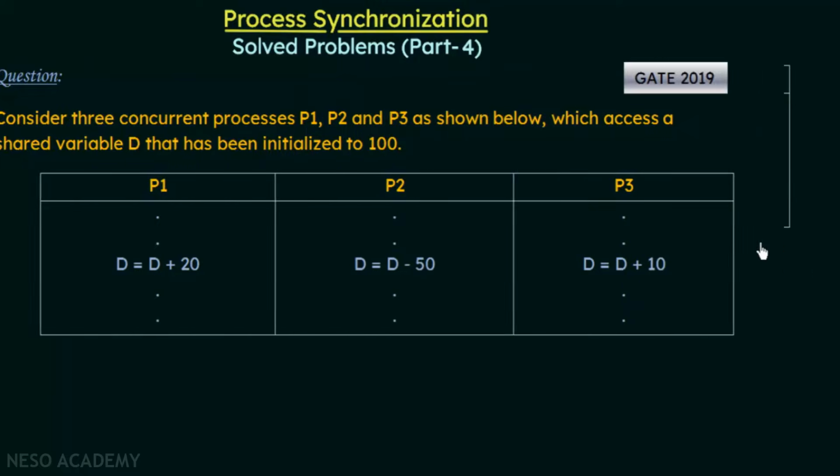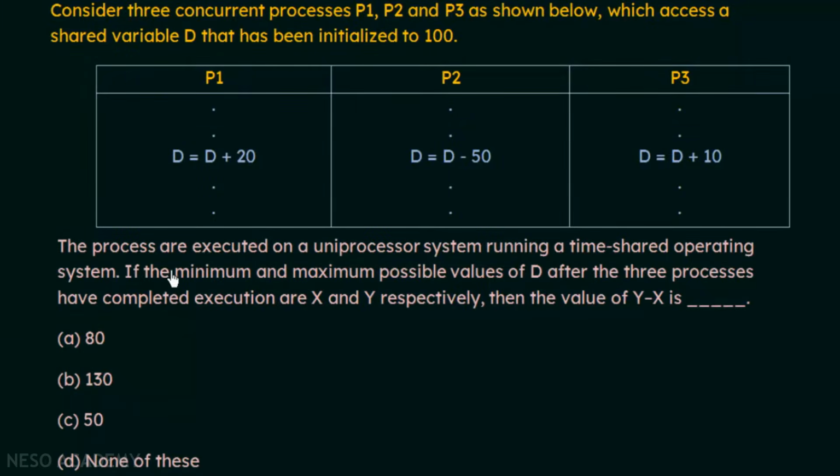Now let's see what the question is. The question says the processes are executed on a uniprocessor system running a time-shared operating system. If the minimum and maximum possible values of d after the three processes have completed execution are x and y respectively, then what is the value of y minus x? Here it says that these processes are executed on a uniprocessor system.